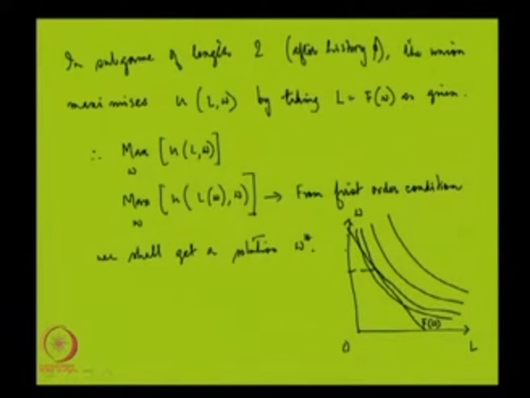So, therefore, this is my W star, and given this F, I have got this L star, which is basically the L which the firm will decide in the next period. So, this is the solution.